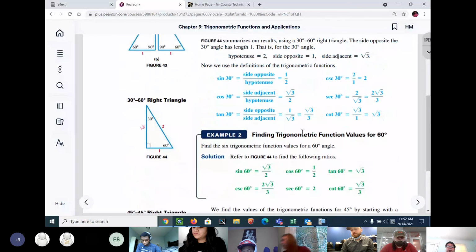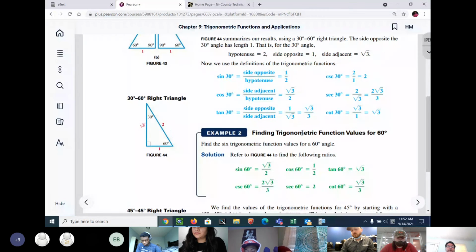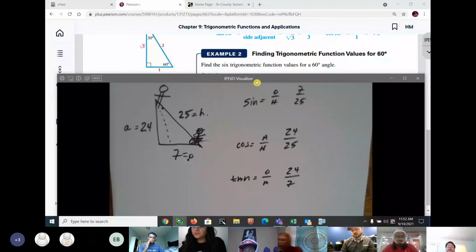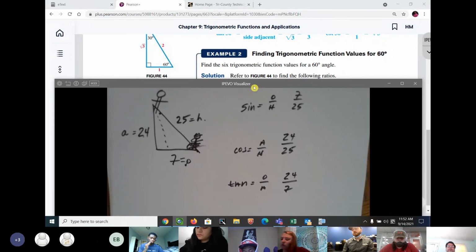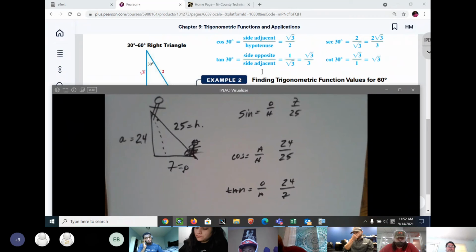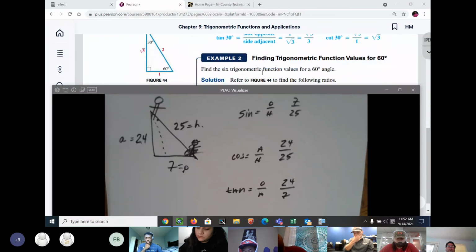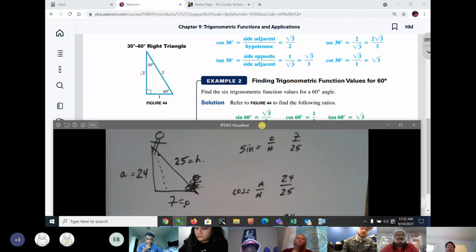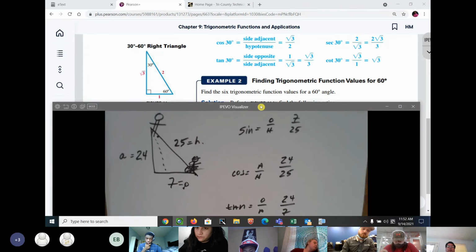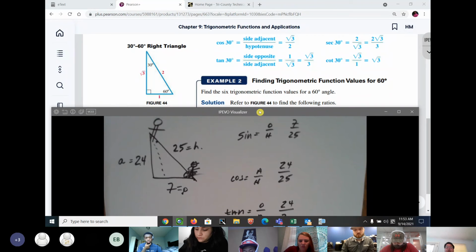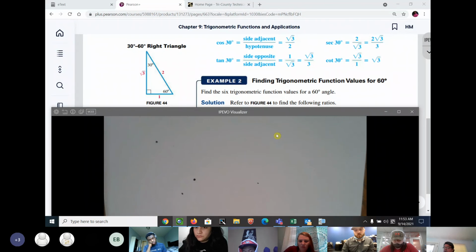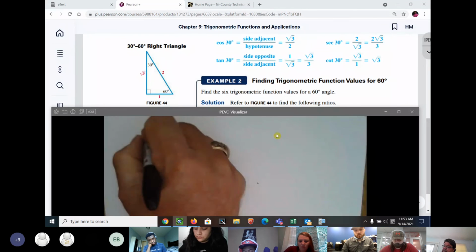All right, let's look at this one. I'm just going through and picking some that might be test questions. Now remember, 60 degrees, we already talked about this. 60 degrees is a special angle. 60 degrees looks like this.